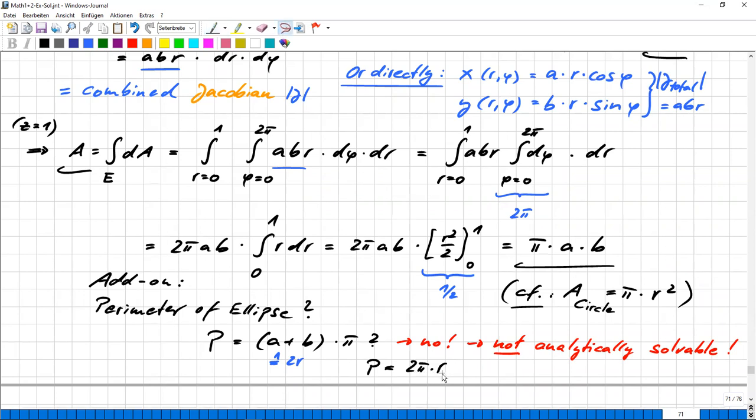And now you might have the idea that in the case of an ellipse, you would have to just add the two semi-axes. A plus B, this would be similar to 2 times R. So this is a nice idea, but quite shockingly, this is not true. The answer to this question is we don't know.